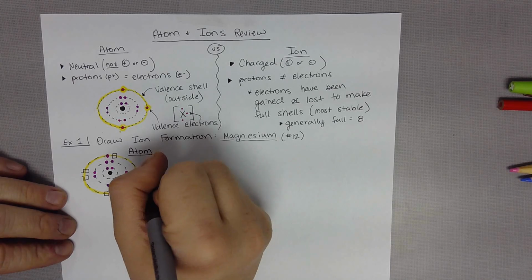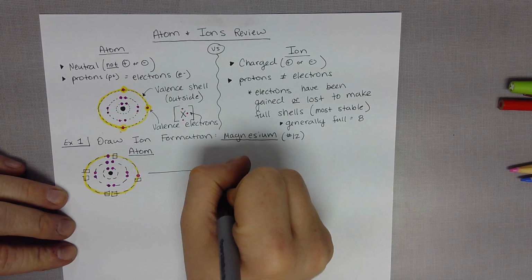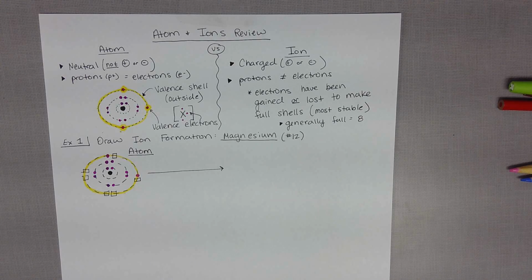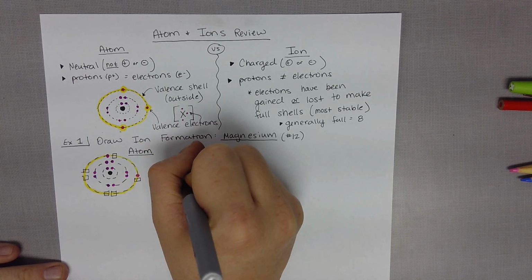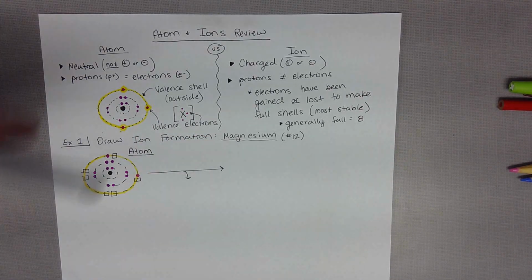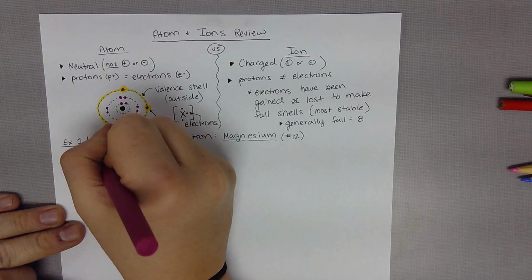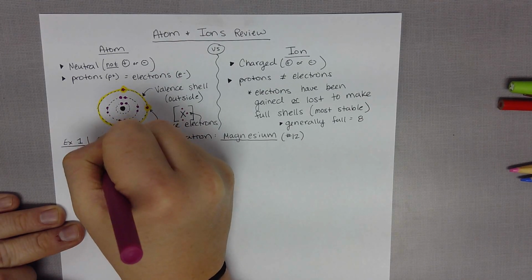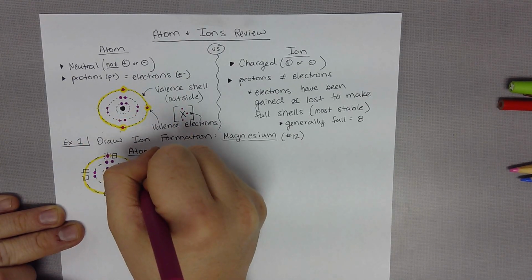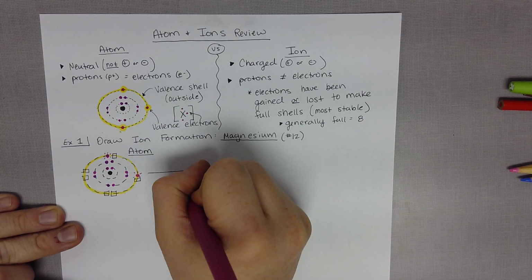That's a lot. So magnesium is going to form a positive ion. It does this by kicking out the 2 electrons that are currently in its valence shell. So I'll give them little stars. These guys are leaving.